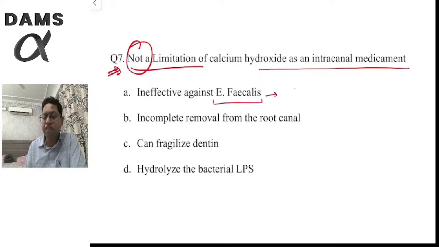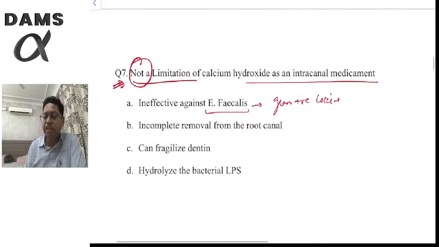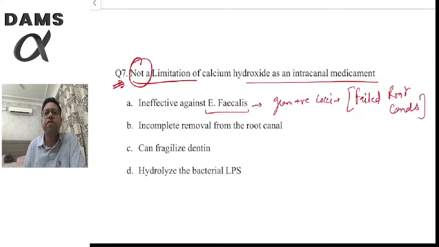E. faecalis is a gram-positive cocci, which is principally found in cases of failed root canals. So definitely option A is a limitation of calcium hydroxide.